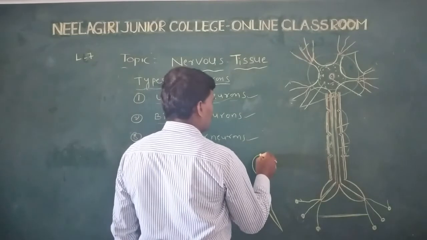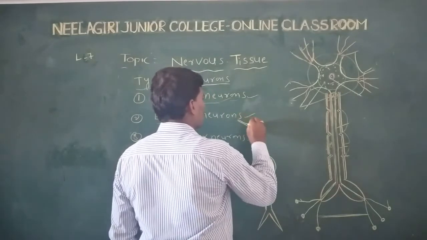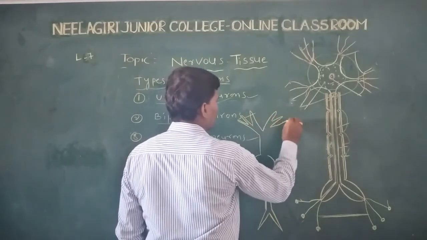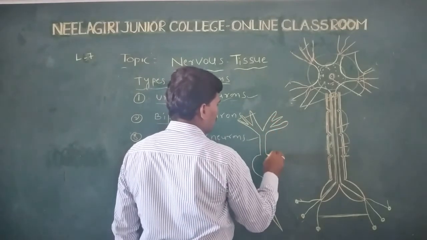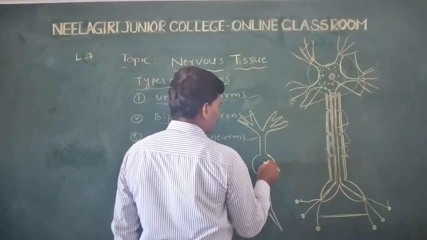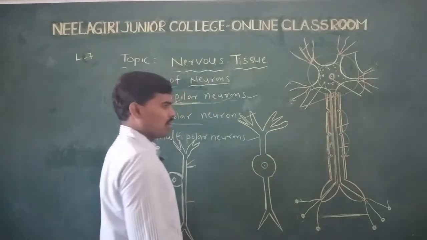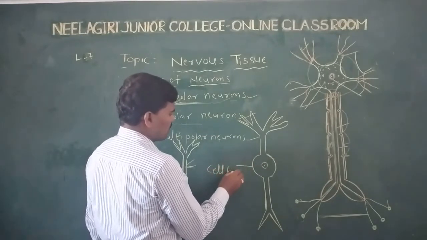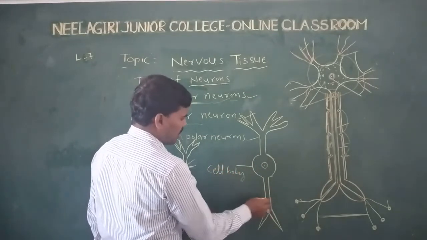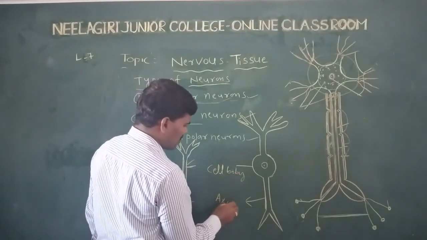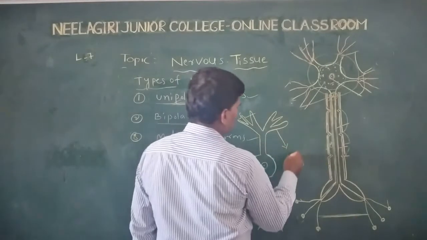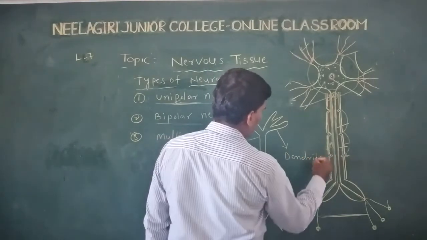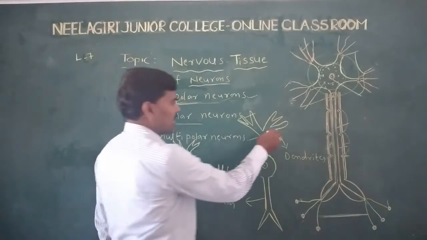This is the cyton or cell body, the axon, and the dendrites.